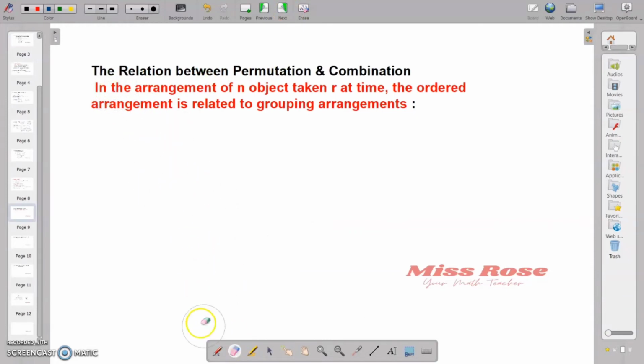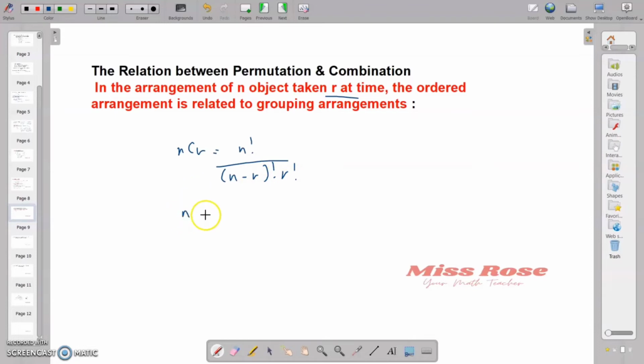the relation between permutation and combination. In the arrangement of n objects taking r at a time, the ordered arrangement is related to the grouping arrangement. So the formula is nCr equals n factorial over n minus r factorial times r factorial.